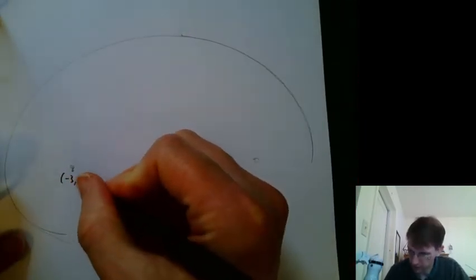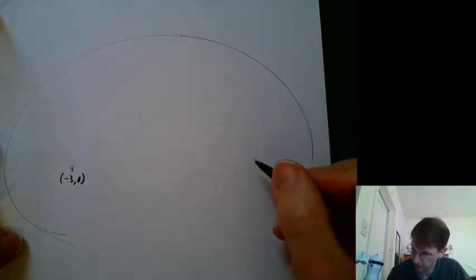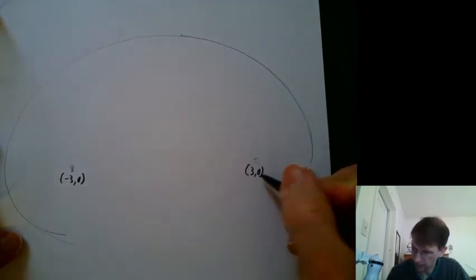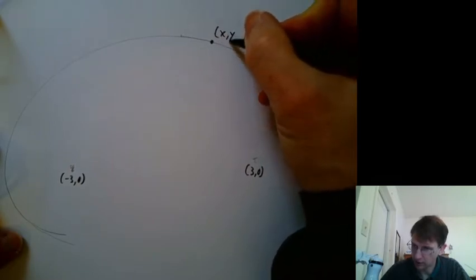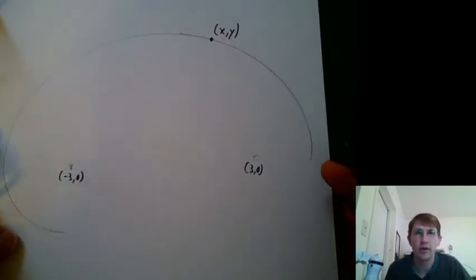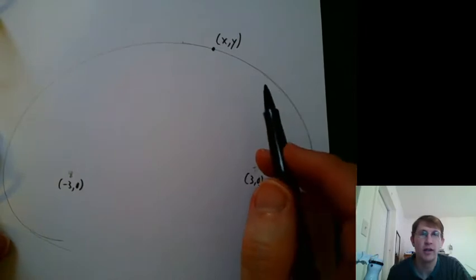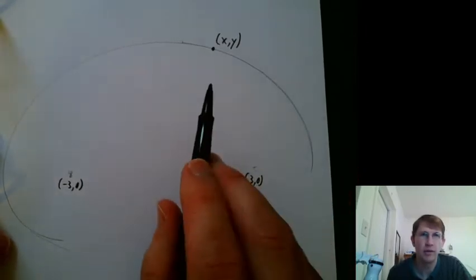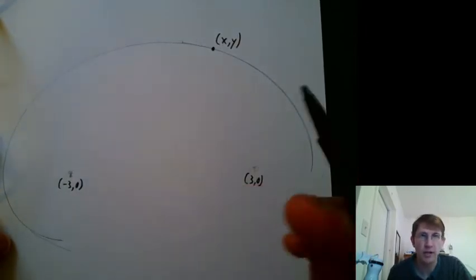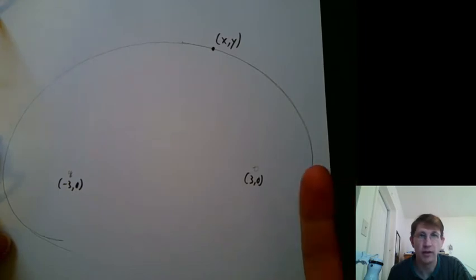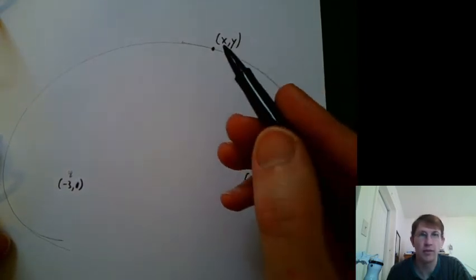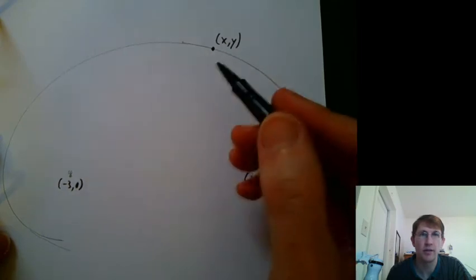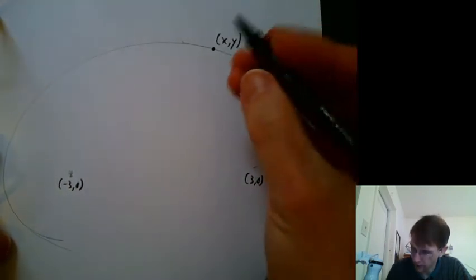Let's think about it in more detail. We said this was -3, 0 or something like it. This was 3, 0, and we'll pick some kind of point and call it x, y. That's actually an important math move to say, I want to think about points on this shape. Let me give them a name, even though I don't know the value of any of them. I'll call them x, y, and then I'll think about what's the distance from x, y to this location, what's the distance from x, y to that location.